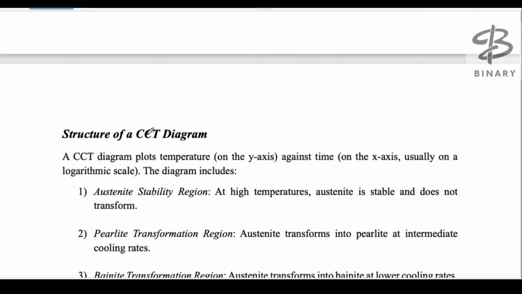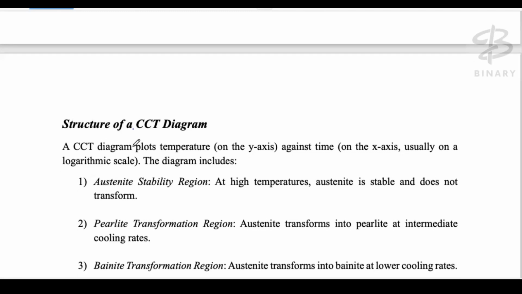So whatever temperature curve we get during annealing is the isothermal transformation. And for normalizing, or for quenching, we have the CCT. So for the TTT we have annealing, and for the CCT we have quenching and normalizing.